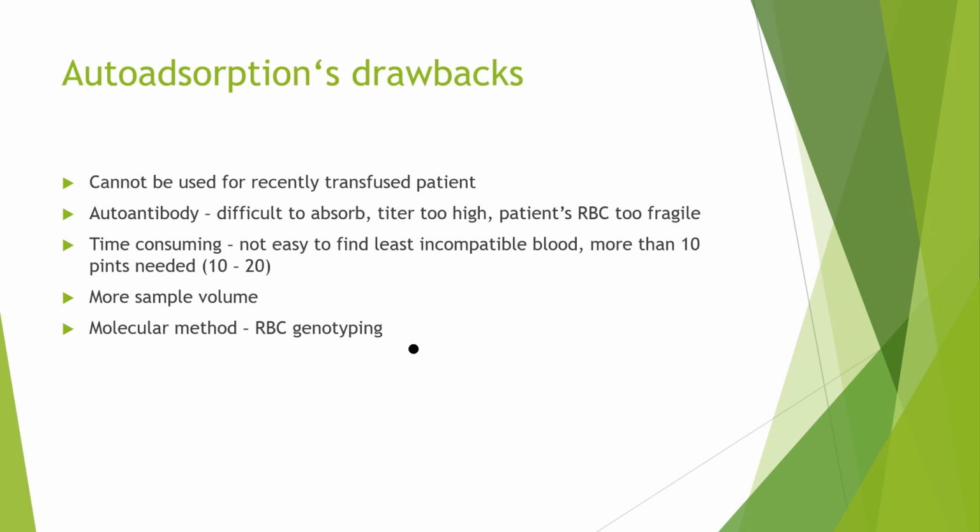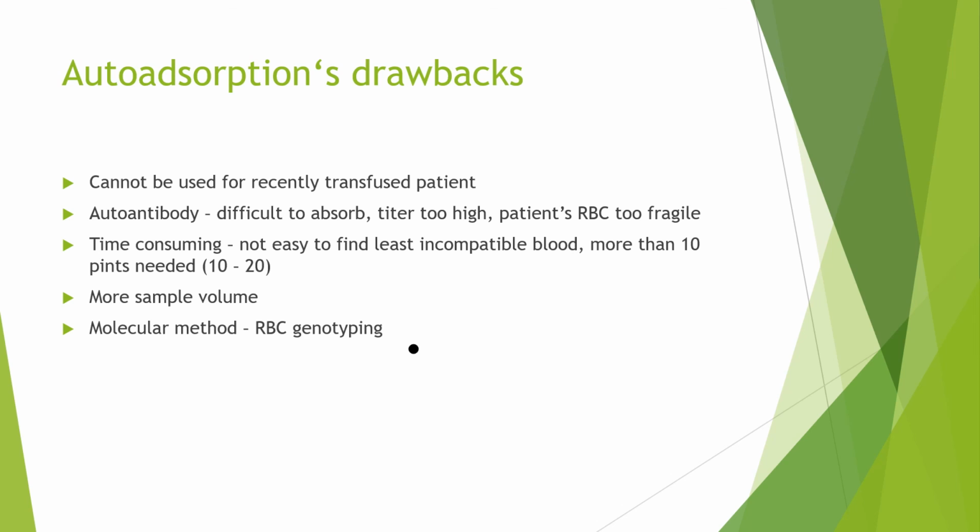Okay, the auto-absorption has its own drawbacks. So this technique cannot be used for recently transfused patient. Some autoantibody are difficult to absorb. Titer may be too high, and the patient's RBC may be fragile to work with. This technique is time consuming as it is not easy to find least incompatible blood after elution and auto absorption are performed.